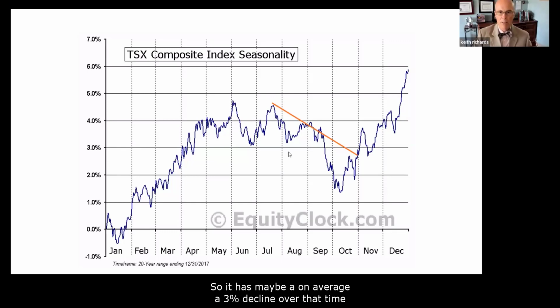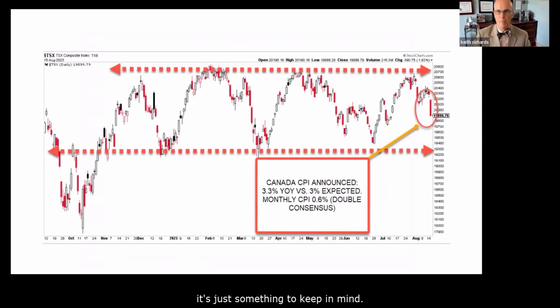So it has maybe on average a 3% decline over that time period. So that's how you read it. It's a percentage that you have to look at, not raw price. So on average, the index can lose about 3% or so over this time period, but that's an average, doesn't mean anything as far as absolutes. It's just something to keep in mind.